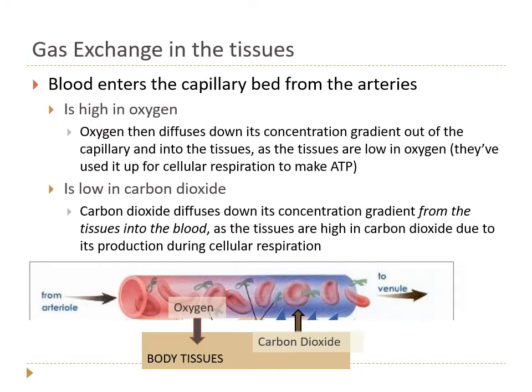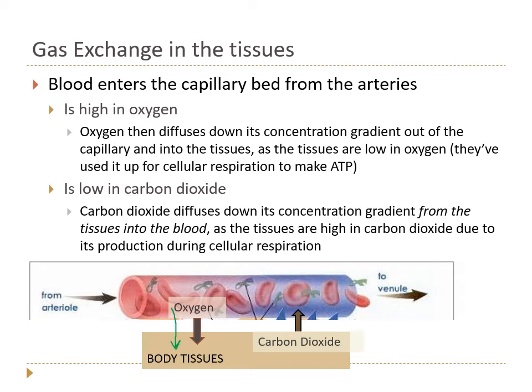So when we get out into the tissues, remember, oxygenated blood comes from the heart, out the aorta, all through the arterial system, and is eventually going to get into the capillary bed. That blood is oxygenated, it's high in oxygen. So you'll recall that in the capillary bed, oxygen is going to move down its concentration gradient from an area of high concentration in the bloodstream to low concentration in the body tissues.